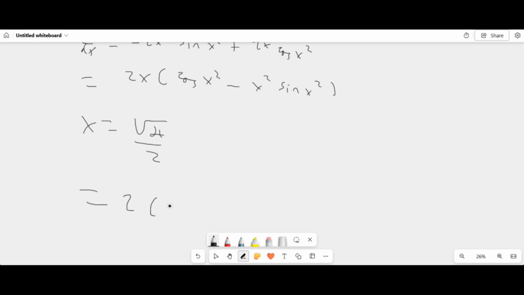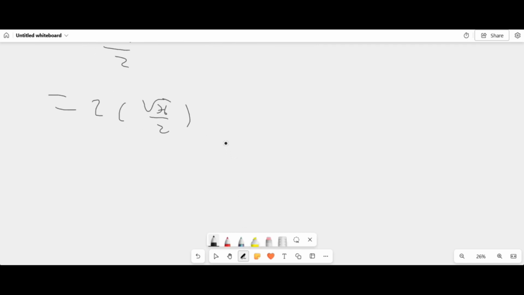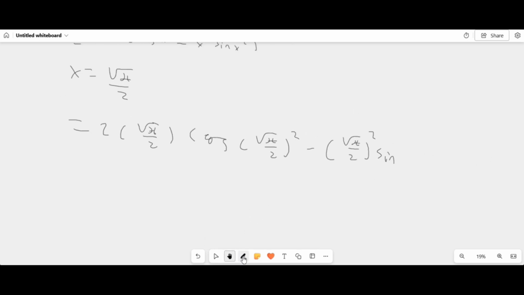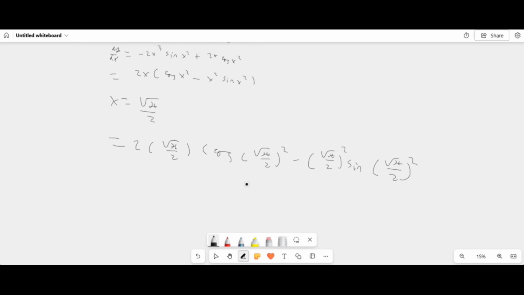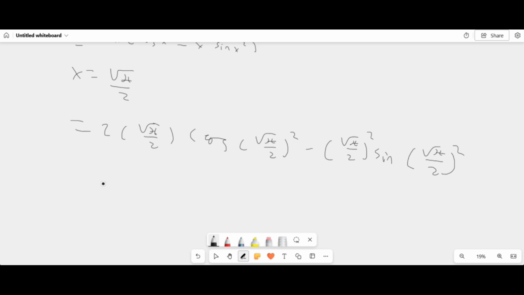So that's going to be 2 open bracket root pi over 2, cos root pi over 2 squared here, minus root pi over 2 squared sine root pi over 2 squared here. So 2 times that is going to be root pi.